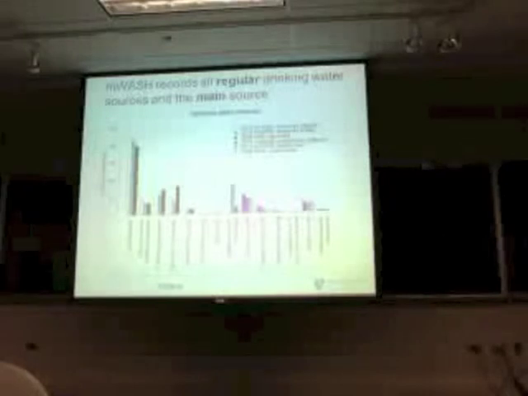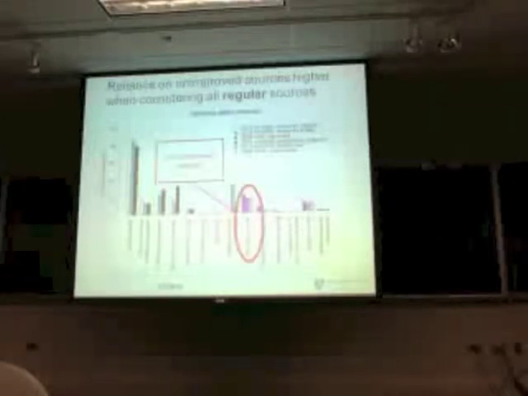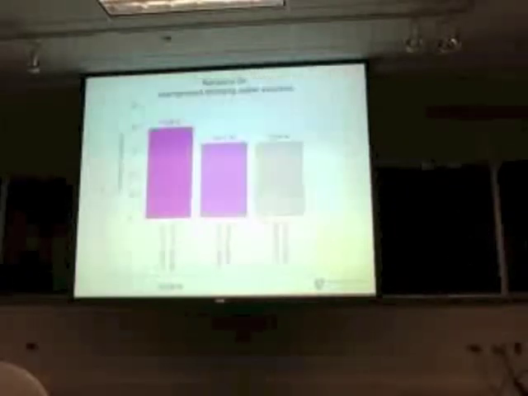Okay, so let's look at some of the stories here. So first of all, I'm going to show you what's happening with the all unimproved sources. So this is anyone who is relying on an unimproved source. In 2008, they reported that 15% of households, 15% of the population is relying on an unimproved main source.